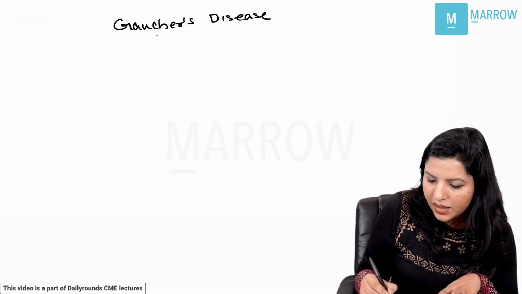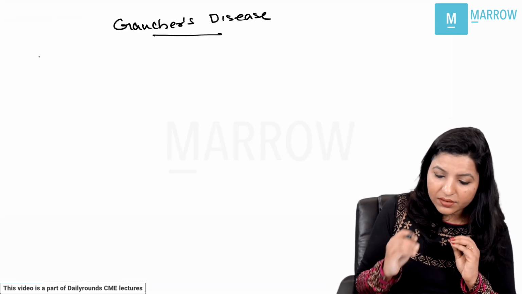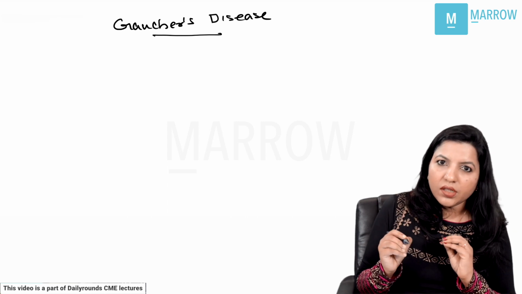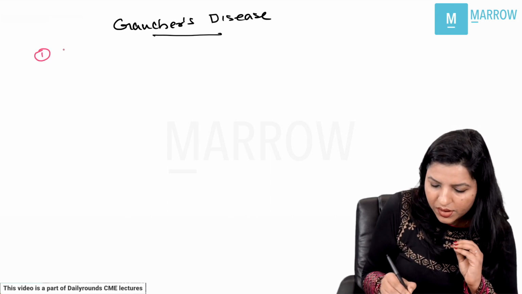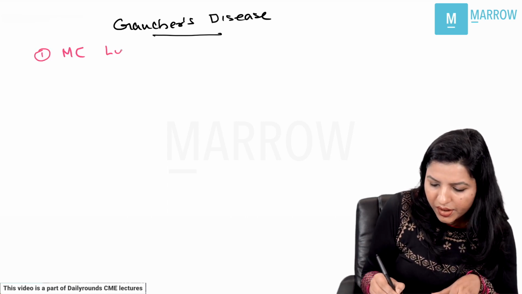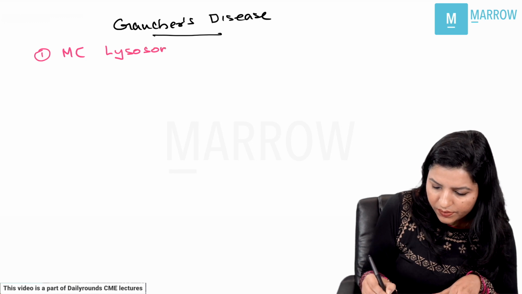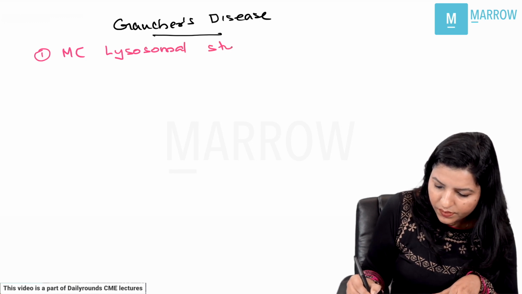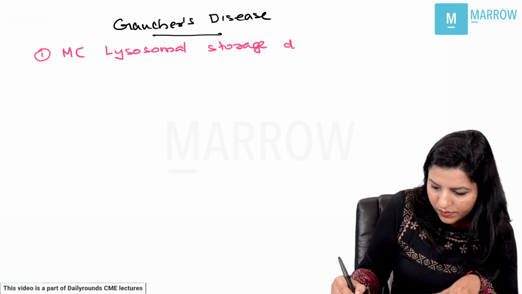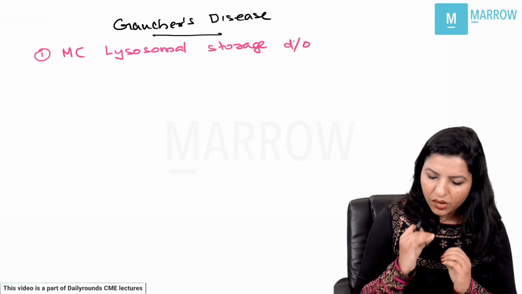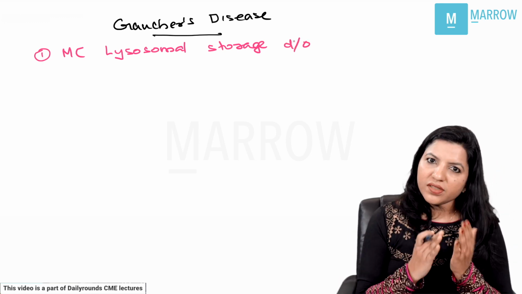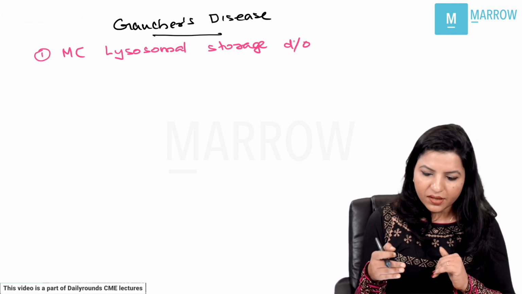In Gaucher's disease, there are certain characteristic things that you have to learn. One, this is the most common lysosomal storage disorder. We are going to learn first its biochemical defect, then its clinical features.